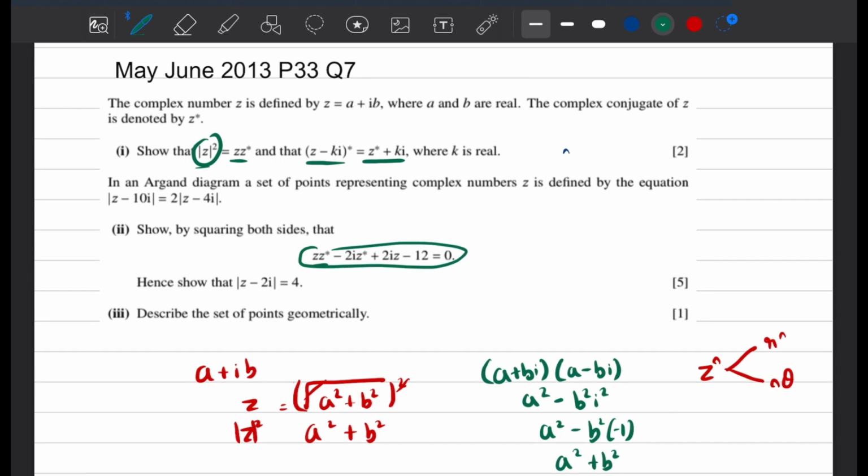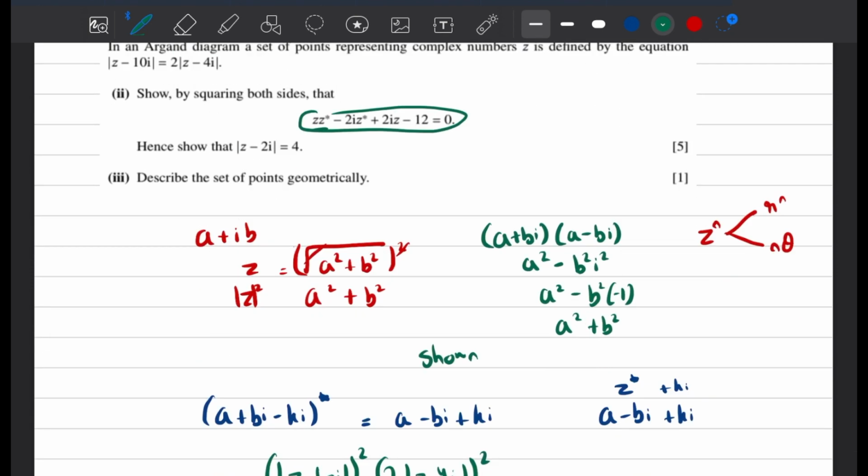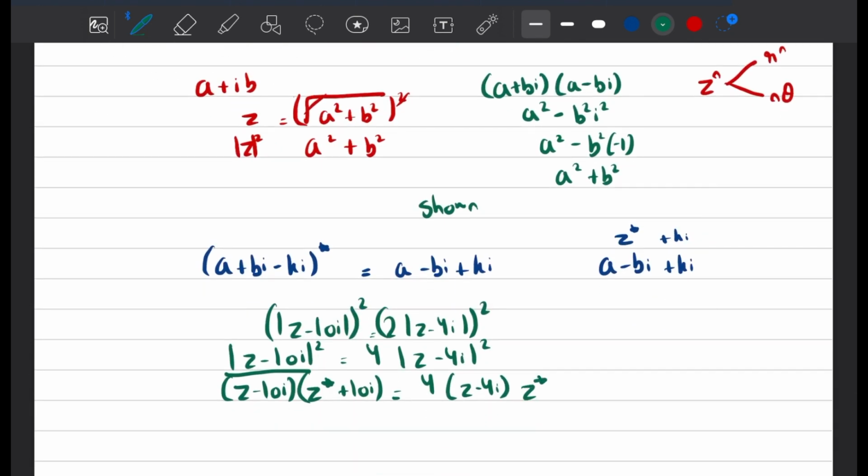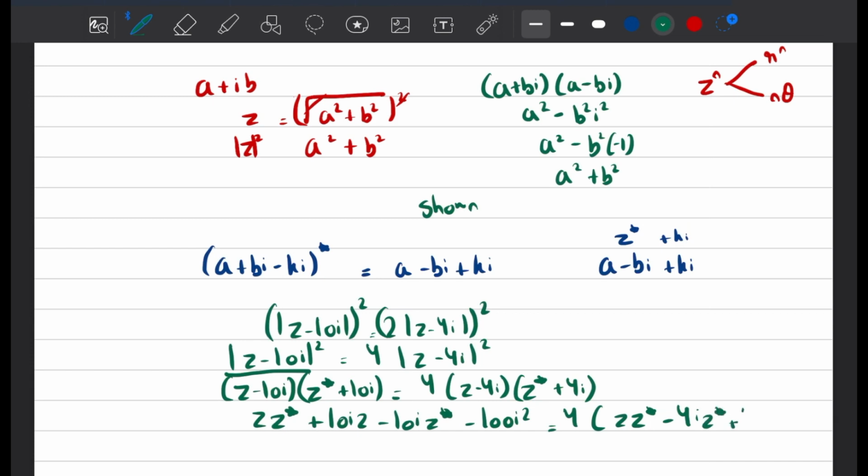Z conjugate will become z conjugate plus 4i. Now let's multiply. So z z conjugate plus 10iz minus 10iz conjugate minus 100i square is equal to 4z z conjugate minus 4iz conjugate plus 4iz plus 16i minus 16i square.